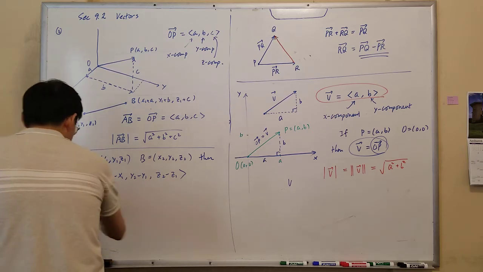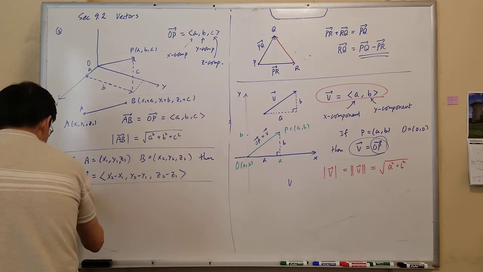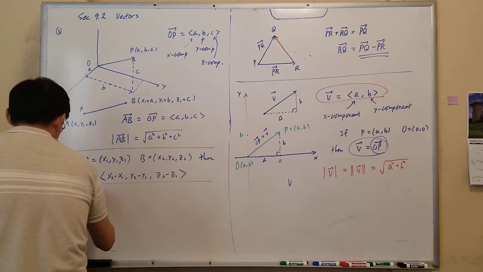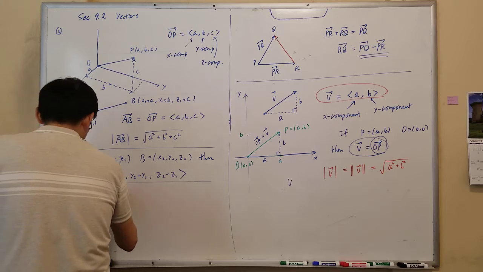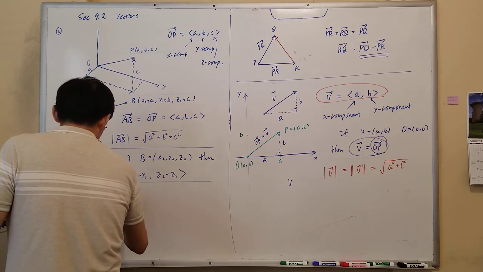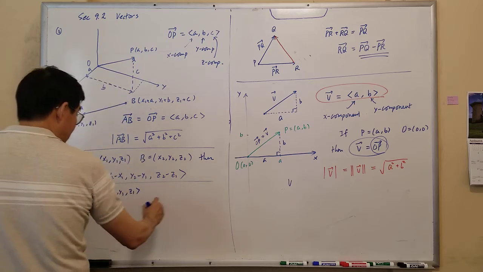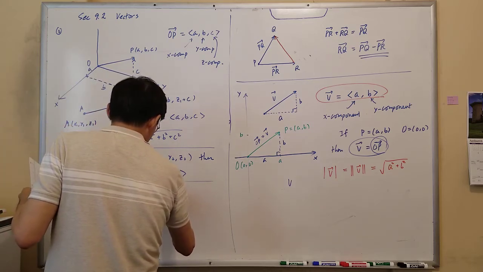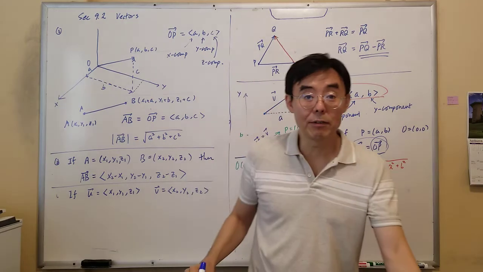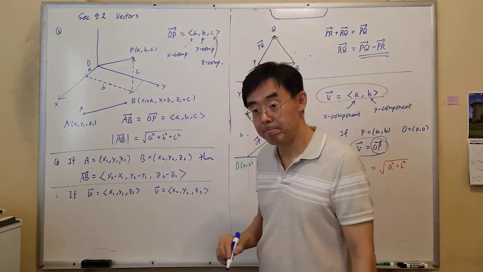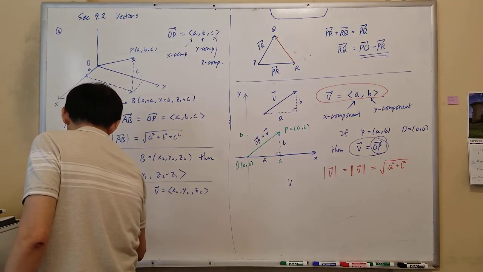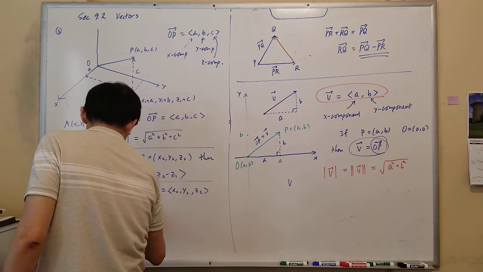And also, vector equality. Let's say vector u is x1, y1, z1, and vector v has x2, y2, z2. If two vectors are given in component form, as we call it, then vectors u and v are equal if and only if each of the components are equal.